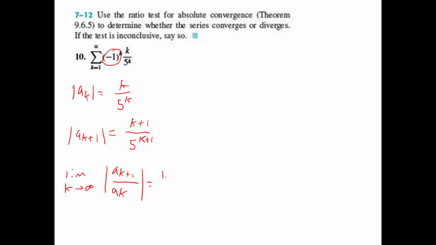And again, this is the limit as k goes off to infinity of the a sub k plus 1, this fraction k plus 1 over 5 to the k plus 1, times the reciprocal of the a sub k. So to divide, we just multiply by the reciprocal. And so we get 5 to the k over k. I'm sorry, over k, no plus 1.